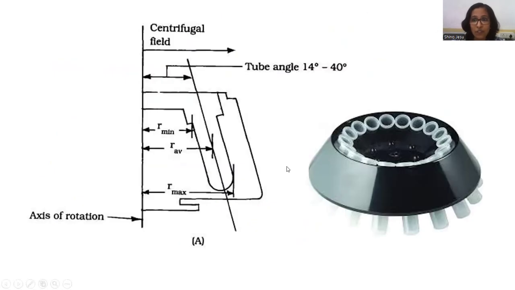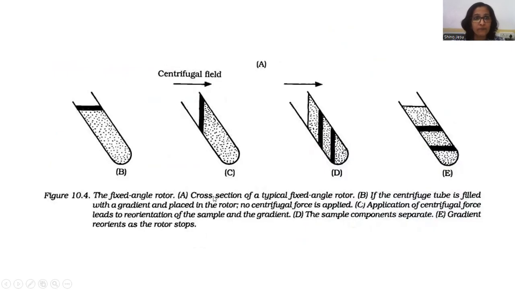So this is a picture of the fixed angle one. Here you can see the centrifugal field is acting in the horizontal direction, and the axis of rotation is in the vertical direction, and we can also see how it is angled. Figure A shows a cross section of the typical fixed angle rotor which we saw earlier.